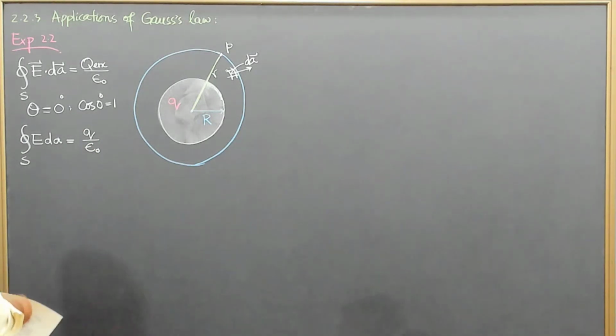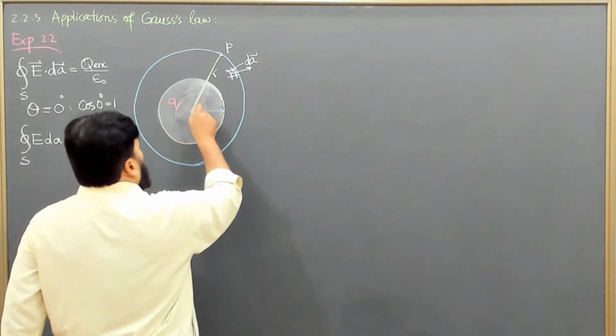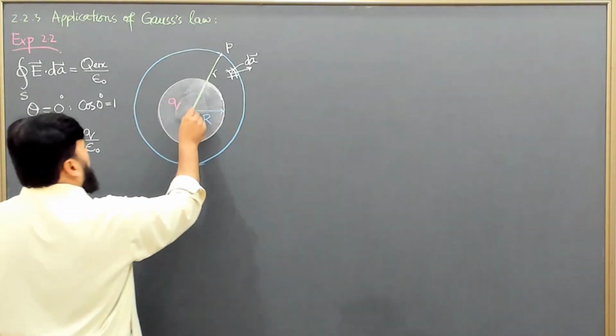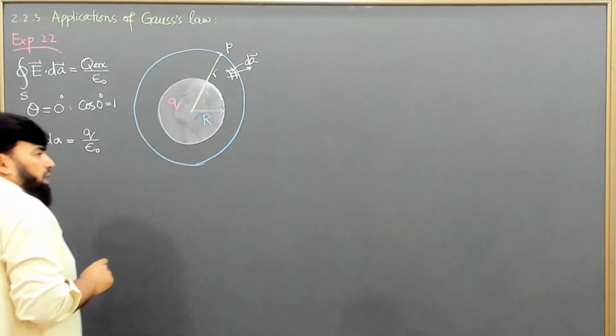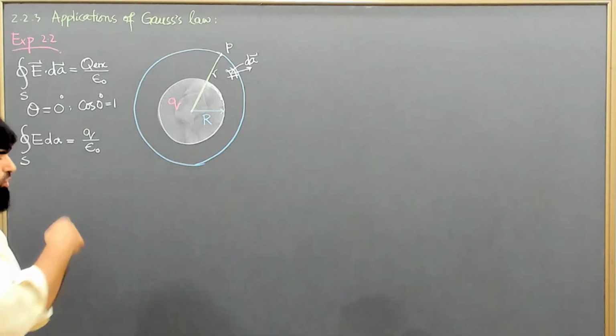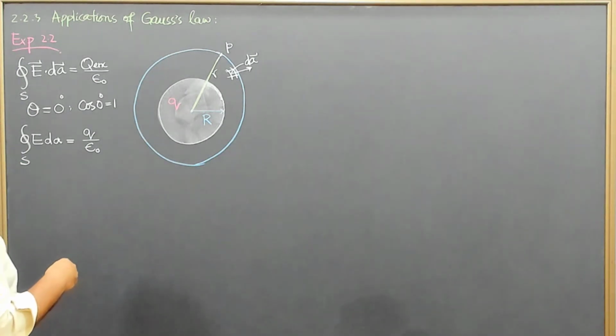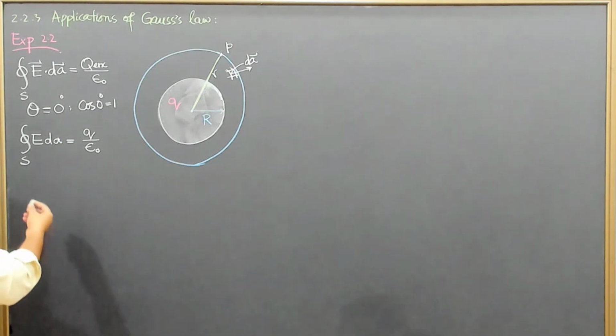Now if I consider this E here, then on this side E is directed this way, and here it is directed this way, and this way, and this way. So in all three dimensions E is radially outward. It means that its direction on the surface is the same.